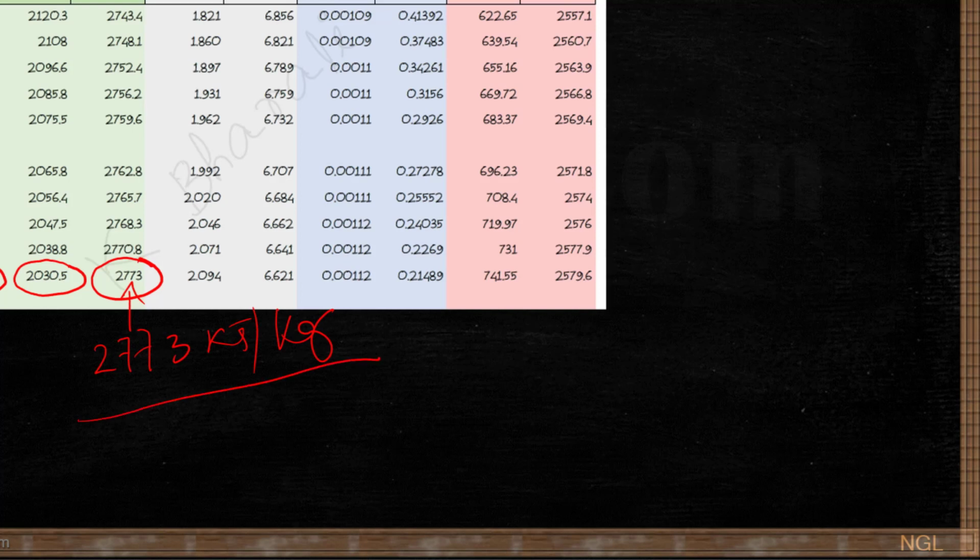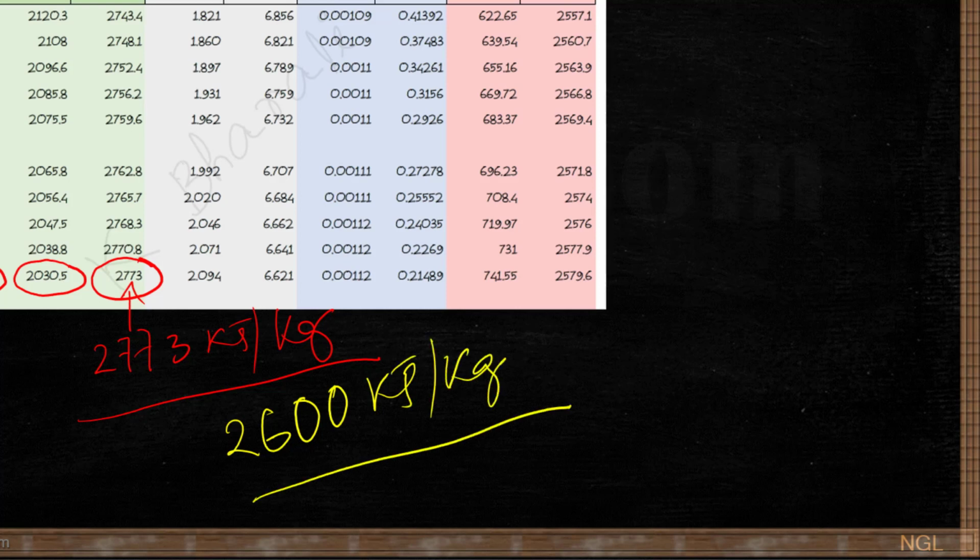The value given in our problem is 2600 kilojoule per kg, the total heat of 1 kg of steam.